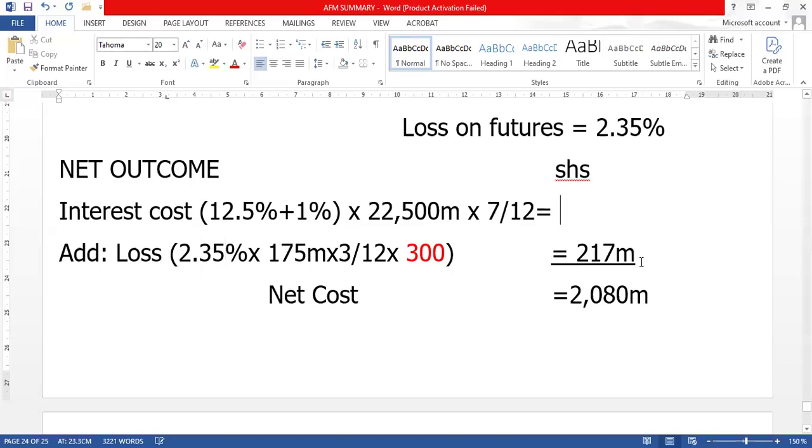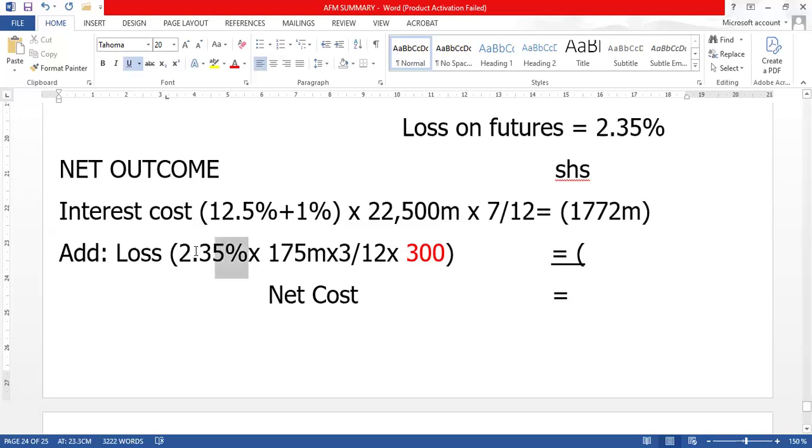So what do you get here? This one will change. 13.5% times 17, in brackets, 1772. Yes. Then here as well it will be negative because it's a loss.